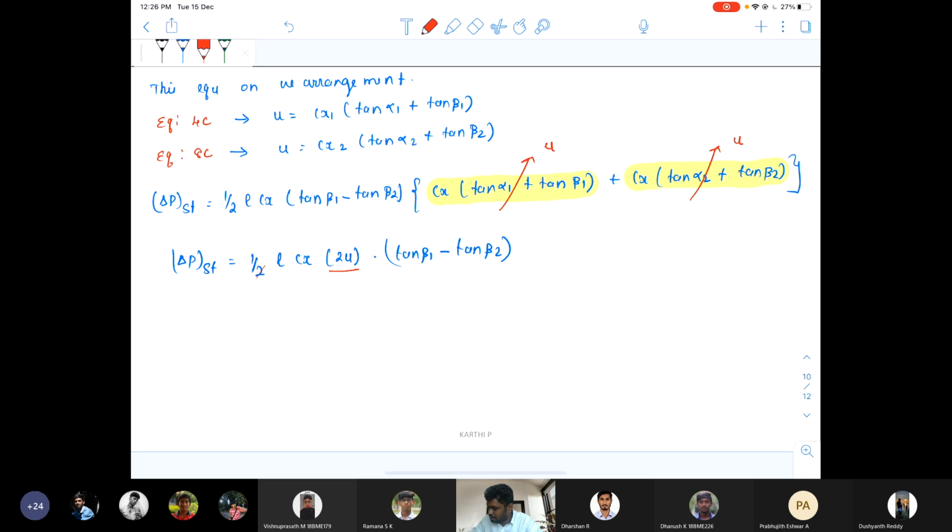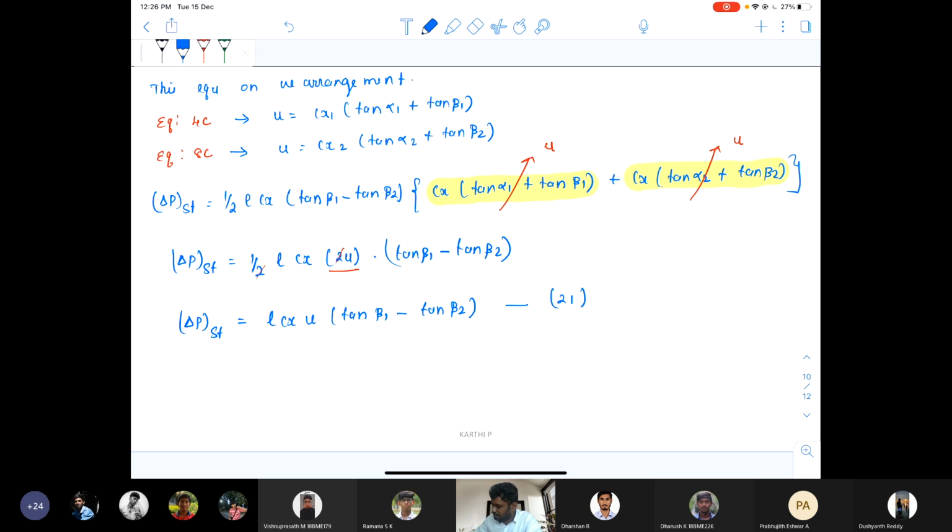Now cancelling this 2, you will get delta P, that is the stage pressure rise, equal to rho Cx u into tan beta 1 minus tan beta 2, and consider this as equation number 21.